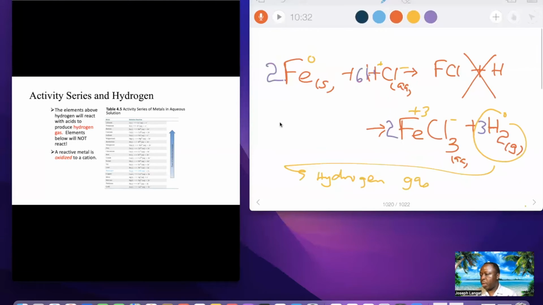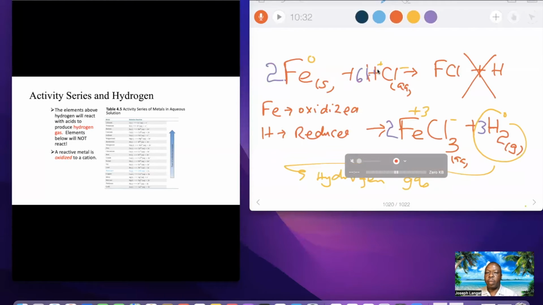Here, iron, we say it is oxidized, and hydrogen is reduced. That means we add electron. Hydrogen is +1 here, but it has ended up with what? 0.